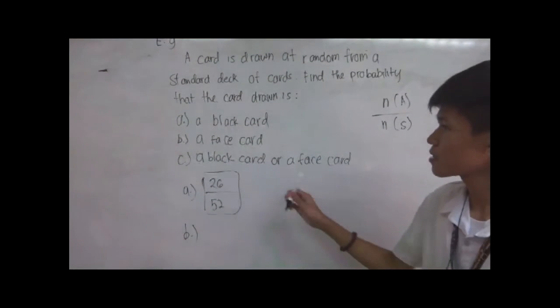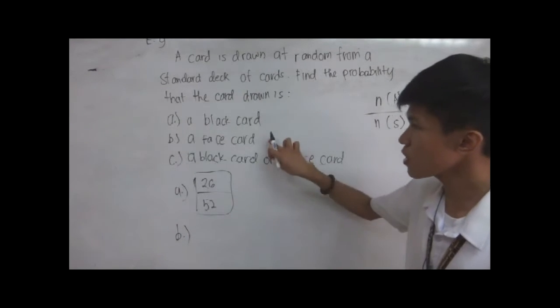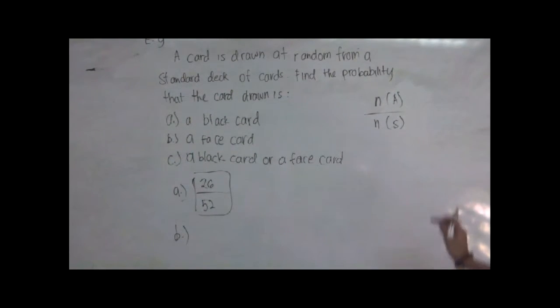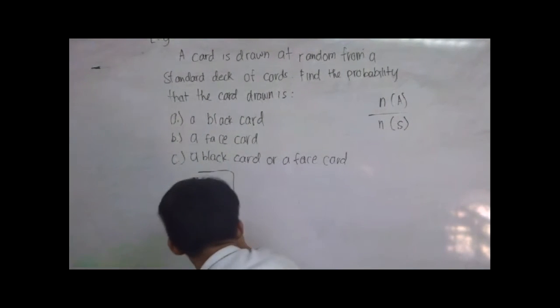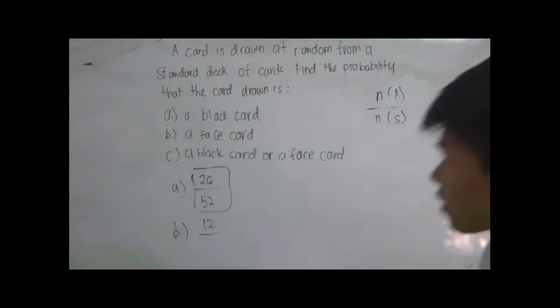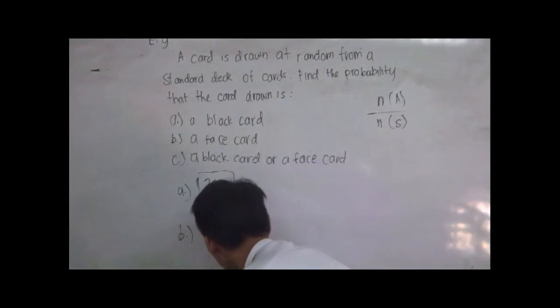B. Getting a face card. In a standard deck of cards, there are 12 face cards. So 12 will be our event, and again, the standard deck of cards is our sample space, which is 52.